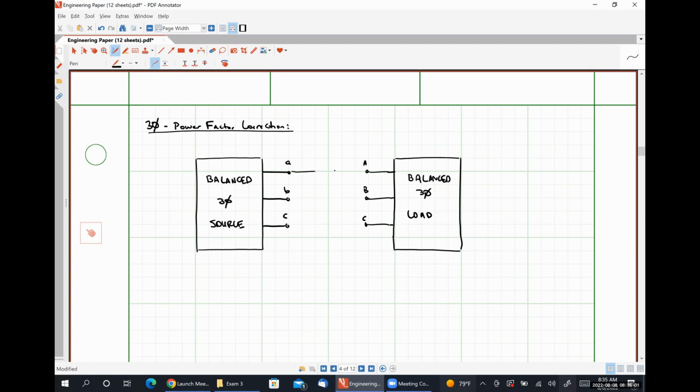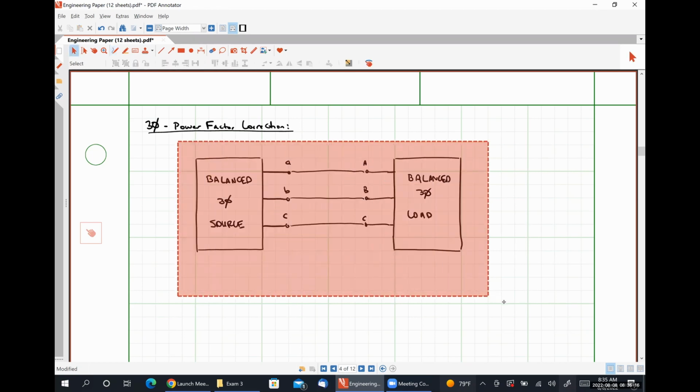Here I have my transmission lines connecting my source to my load. And if they have any impedance, that'll be okay too. But for now, for illustrative purposes, I'm going to leave them out. Okay. I'm going to make a copy of this so that I don't have to redraw it in a minute.